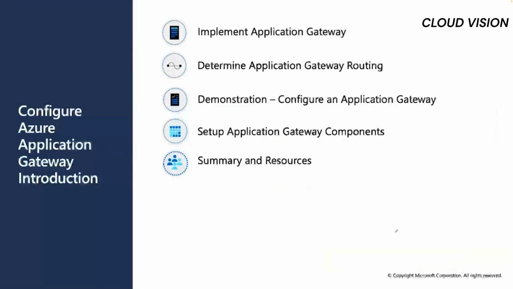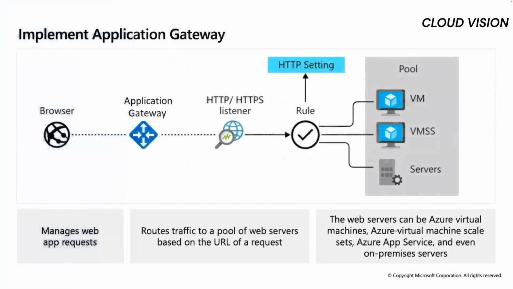Application gateway is another one which we need to learn. So you have application gateway, gateway routing, and setting up the application gateway components. So what is application gateway? It manages web app requests.